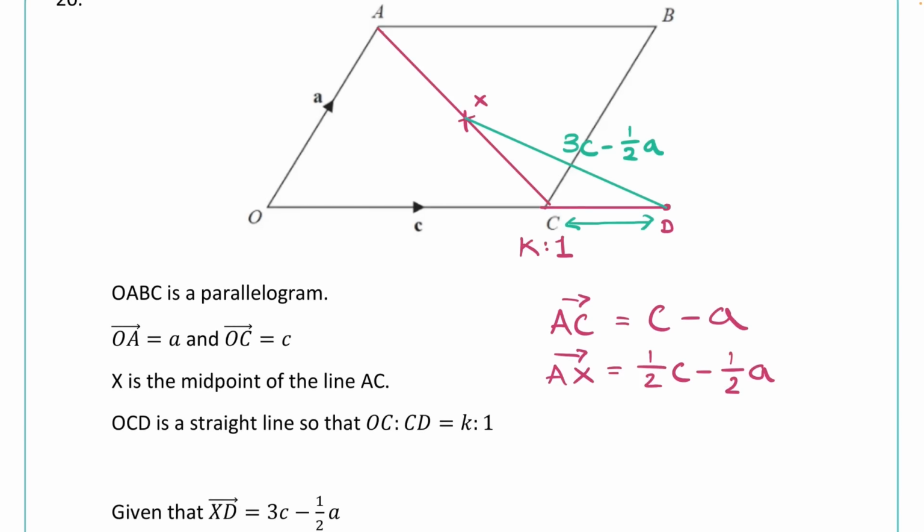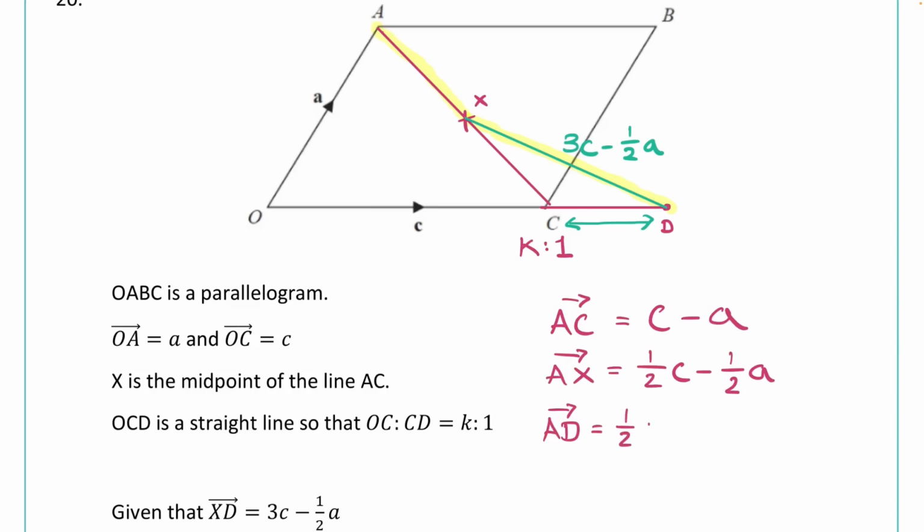From there, we can now get to D, because we are given the vector to get from X to D. So now we have moved to this point, we can use the vector that's already given to us to get to point D. So if we do A to D, that is A to X plus the X to D we've already been given.